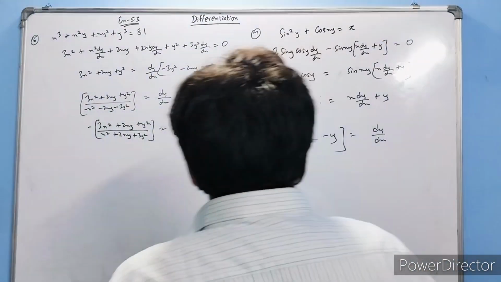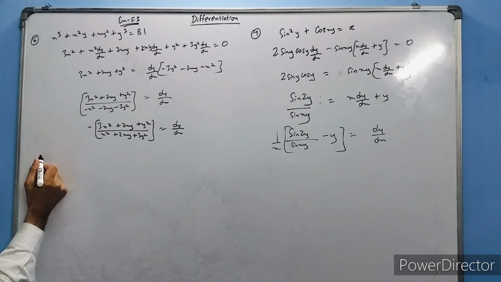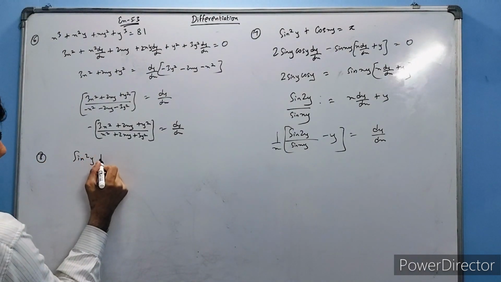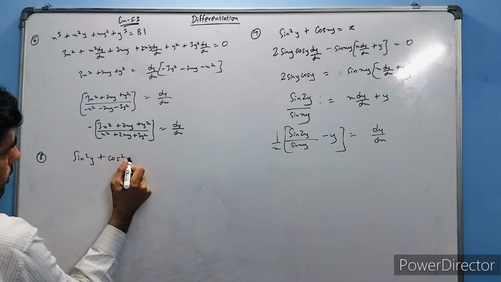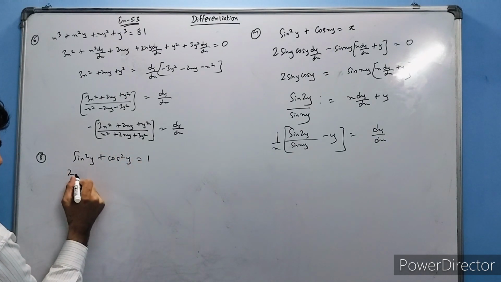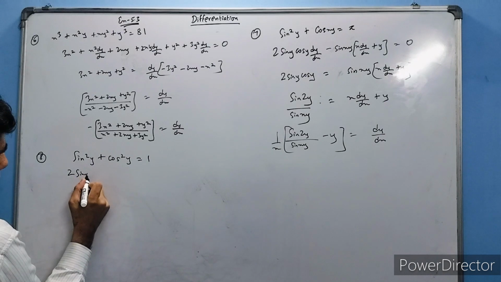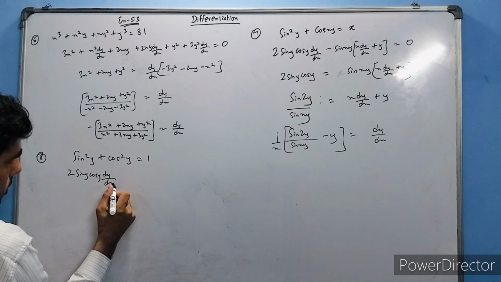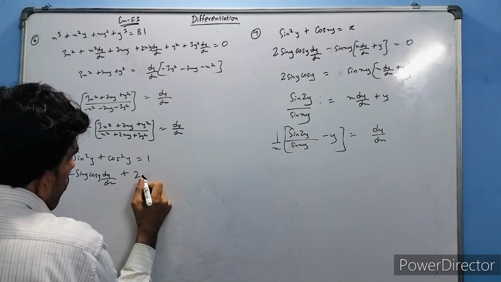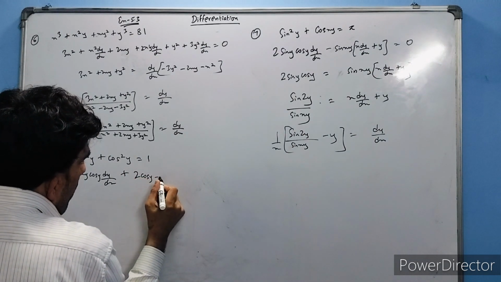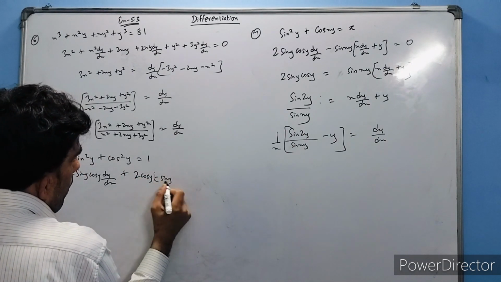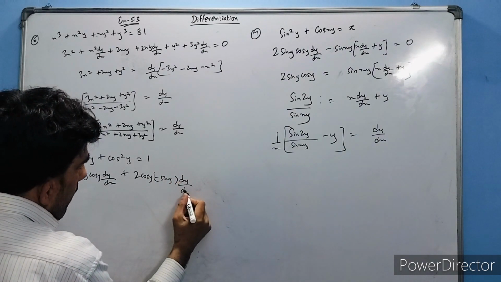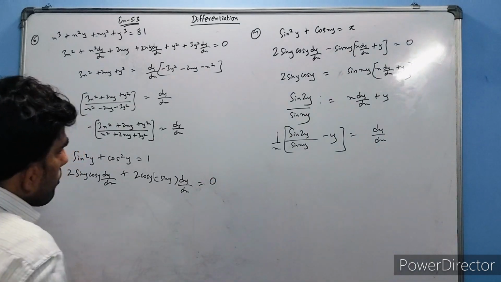They have given sin square x plus sin square y is equal to 1. If I differentiate it, I got 2 sin y cos y dy upon dx plus 2 cos y minus sin y, because differentiation of cos y will be minus sin y, dy upon dx is equal to 0.